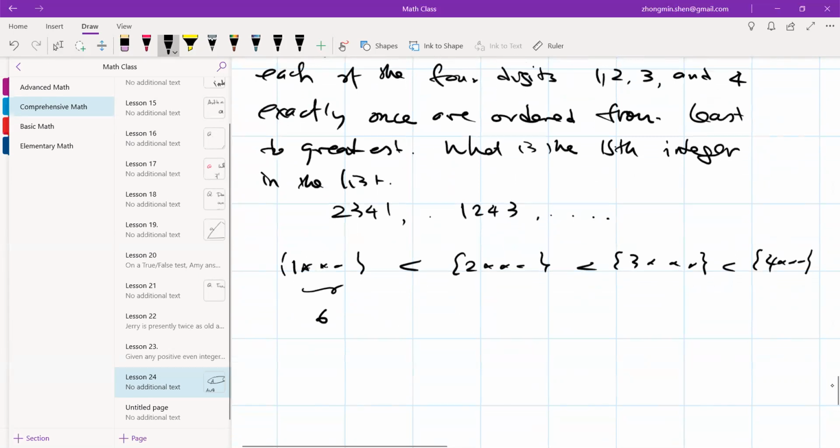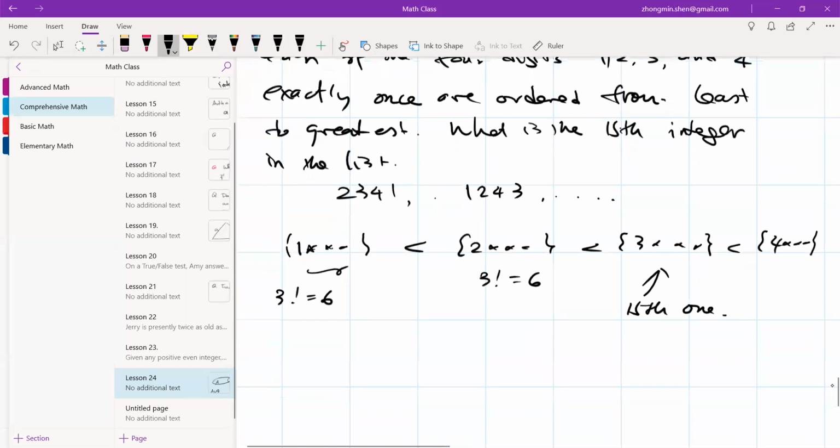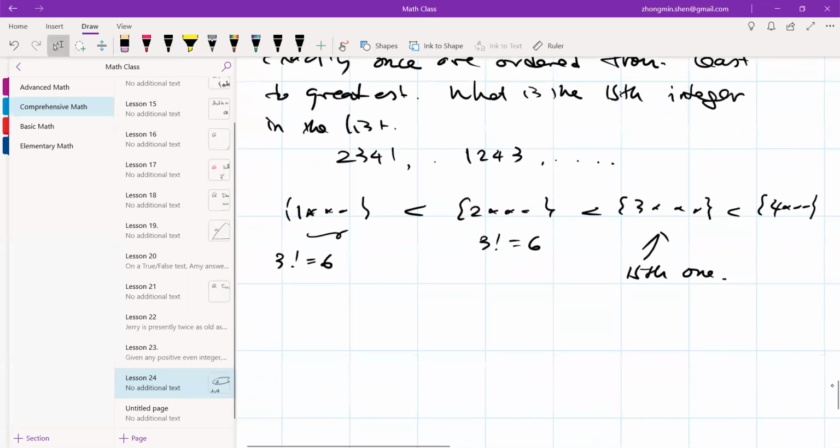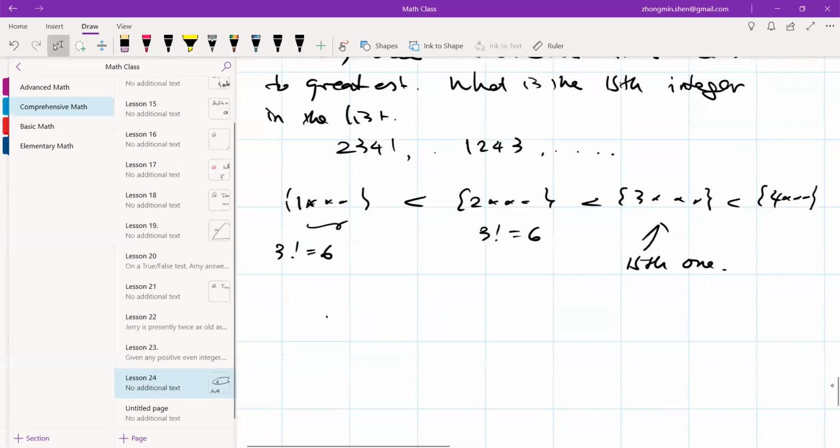There's 6, because 3 factorial is 6. Here also 3 factorial is 6. Total 12. So the 15th one must be in the 3rd group.